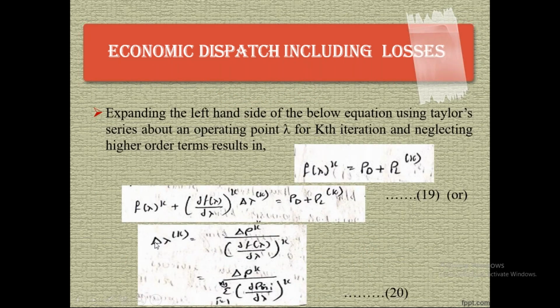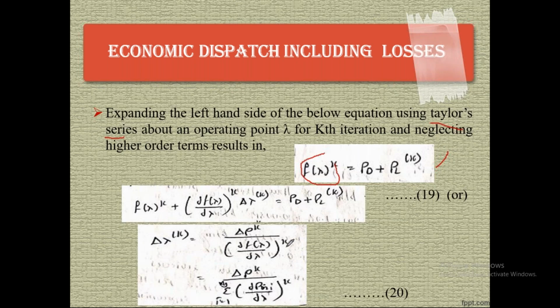Next, while updating the lambda, we have to use the following steps. This is the equation we use for the updating process, and the big term on the left side is considered as f of lambda power k. If you want to update this lambda value, we have to use the Taylor series expansion. We already did it in different derivations. Taylor series is used for iteration purposes, and in this case we have to neglect the higher order terms.